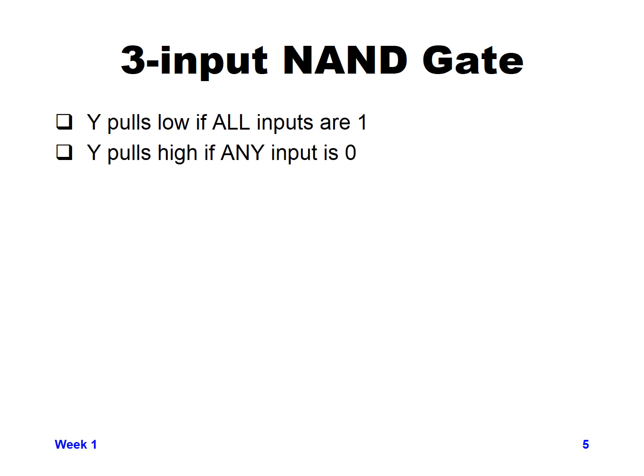Basically, what we want for a NAND gate is if all inputs are 1, we want the output to be 0. If any input is 0, we want the output to be 1. So if we have a 3-input NAND gate, think about it for a second. How would you do that?